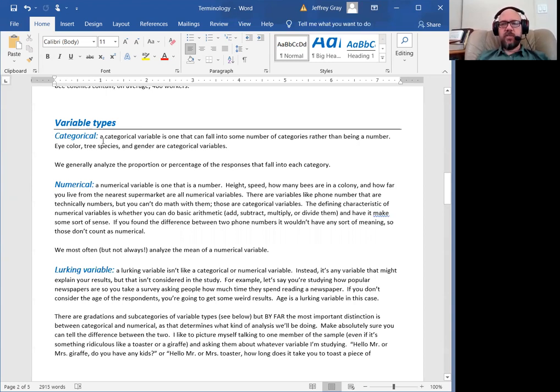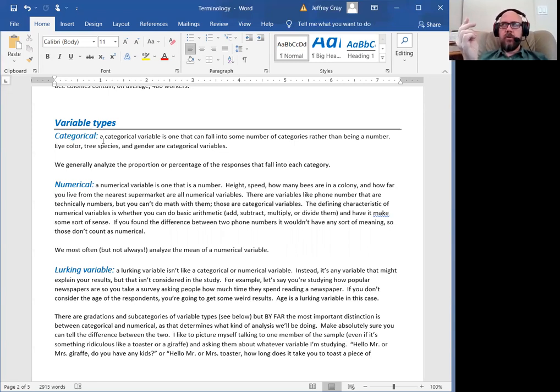Categorical, which is qualitative, just means a variable that falls into any number of categories. The most common one by far is something with two categories, like you ask a question that's yes or no. Do you approve of how President Biden is handling the pullout of Afghanistan? The answer is yes or no. You do or don't. That's the most common categorical variable, but other things apply, like what breed is your dog, or what color are your eyes?